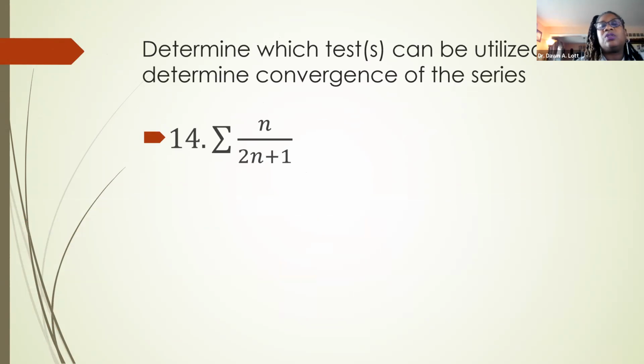What test can I use on this? What's the limit as n goes to infinity of n over 2n plus 1? Infinity over infinity. And then take the derivative.